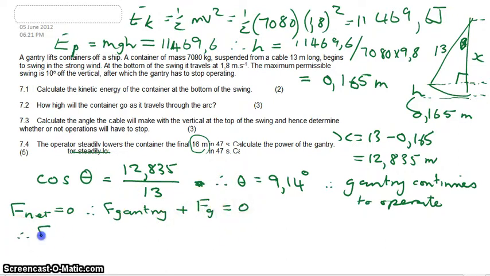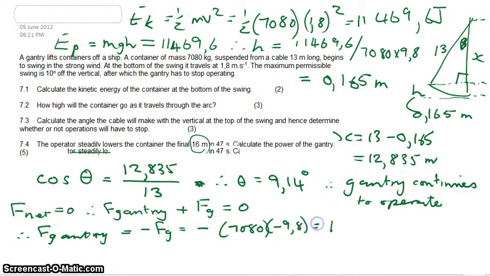And so therefore, the F of the gantry is going to equal mg, basically minus Fg, which is minus 7080 times minus 9,8, 69,384 newtons.